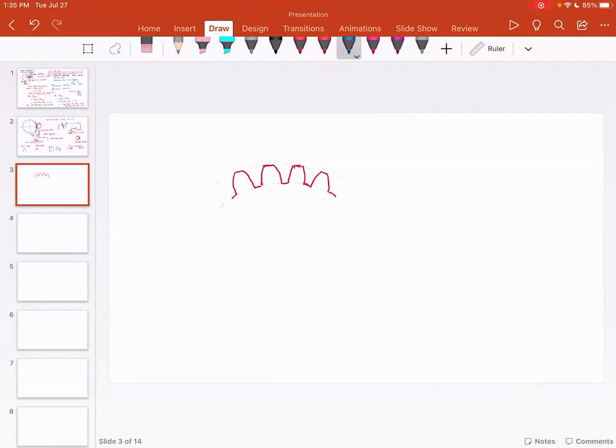is called the face, or the top, and the top part is called the top land, and the side part is called the face. So let me draw a three-dimensional view.